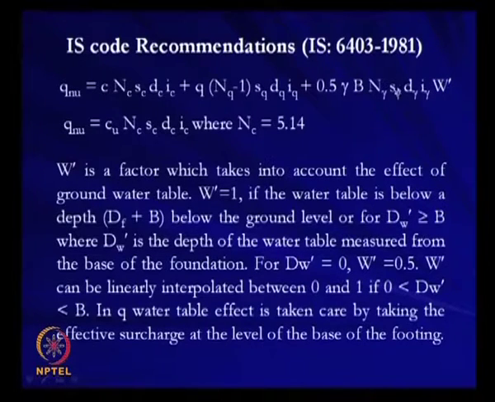That means, if the water table is at the base of the foundation, then this W dash is 0.5. If it is at a distance of B from the base of the foundation, then W dash is 1.